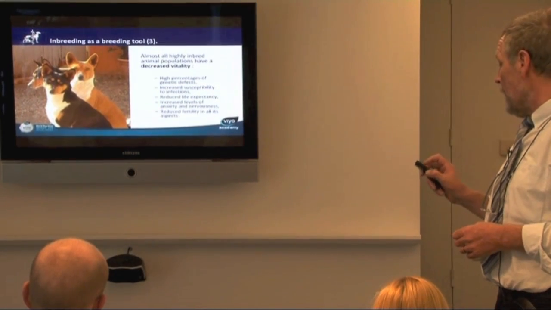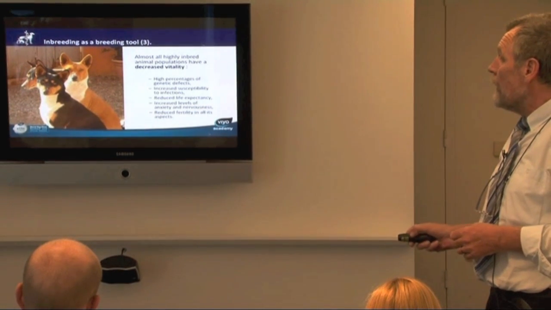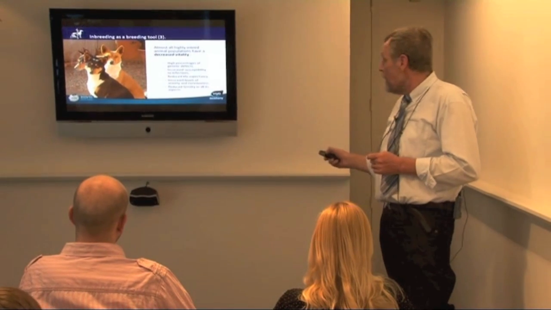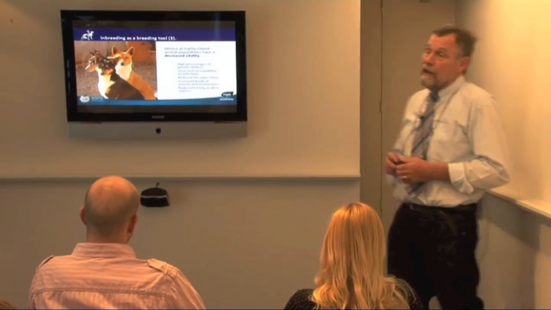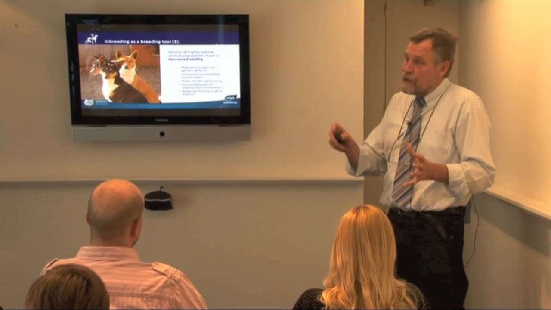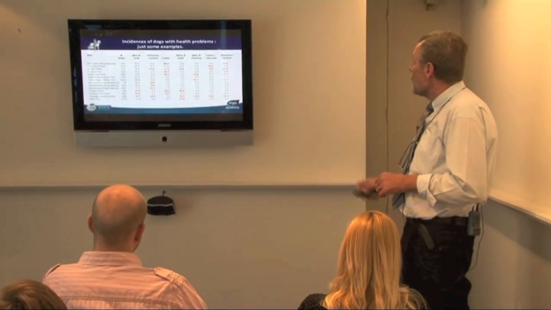Highly inbred animals have a shorter lifespan. Then we see that in almost all highly inbred animal populations, you see increased levels of anxiety and nervousness. And then in the end, you see a reduced fertility, in all its aspects, so the male side as well as the female side.